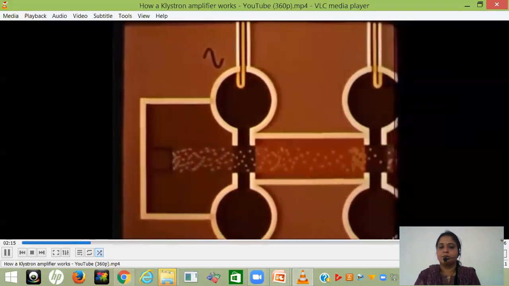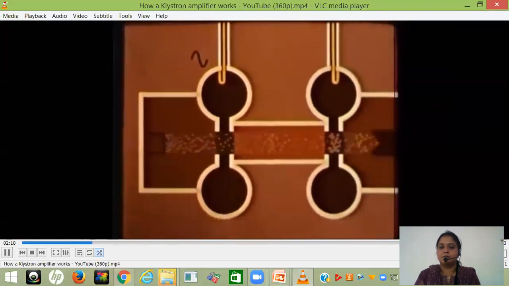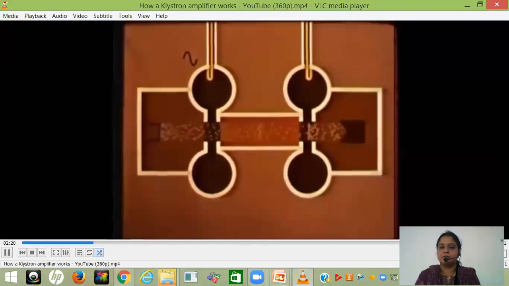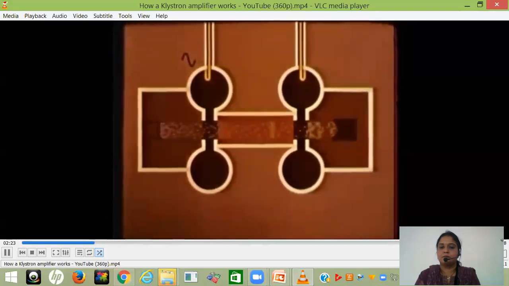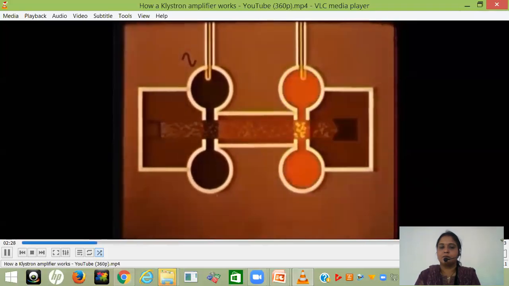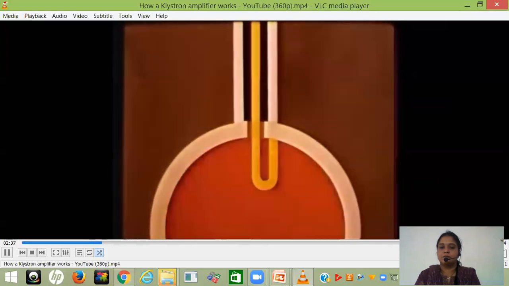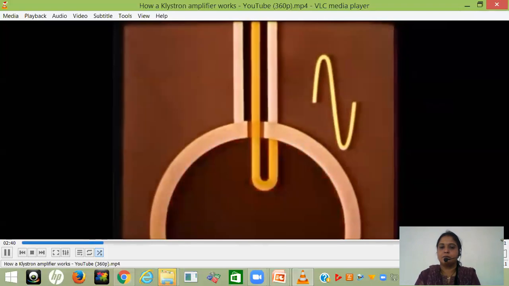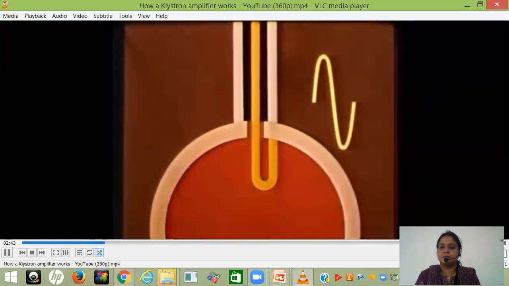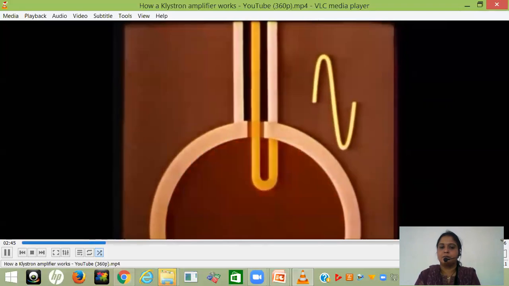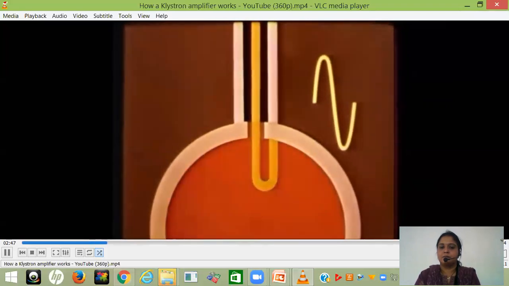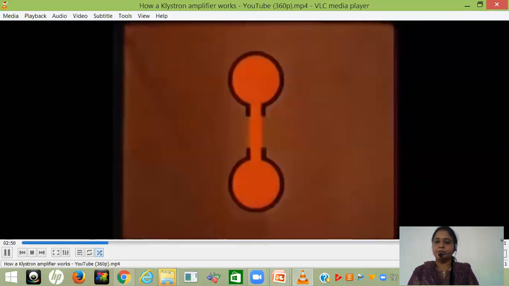On arriving at the second resonator, the electrons will induce there another electromagnetic field of the same frequency. This field is so strong that it is possible to extract a large signal from the second cavity. To understand this amplification process, it is necessary to study the behavior of a cavity resonator in detail.